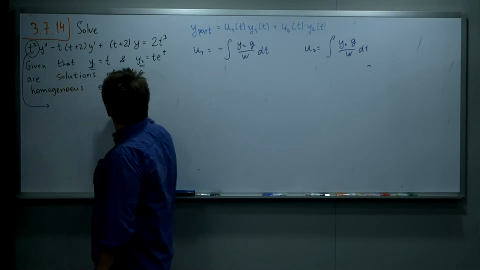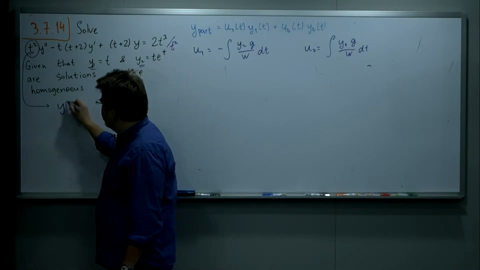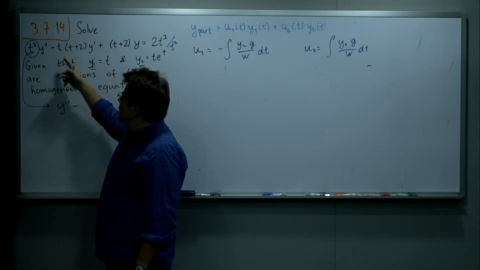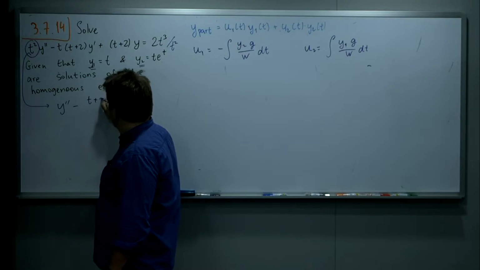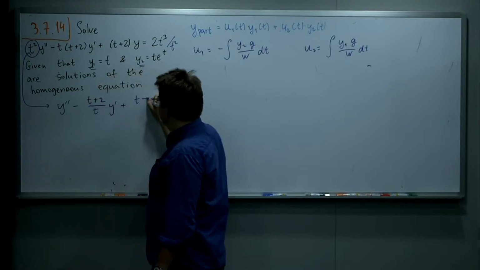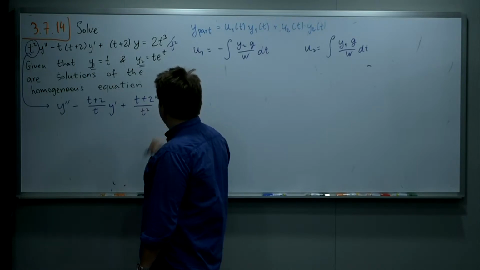Dividing our differential equation by t squared, we get y double prime minus (t plus 2) over t y prime plus (t plus 2) over t squared y.